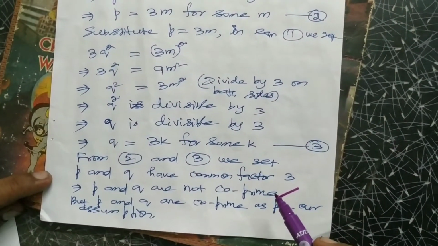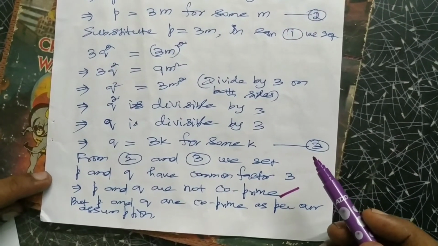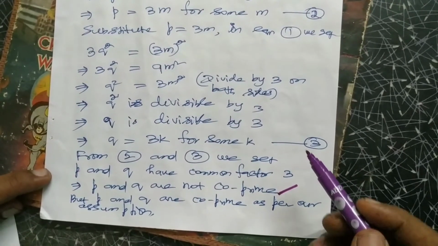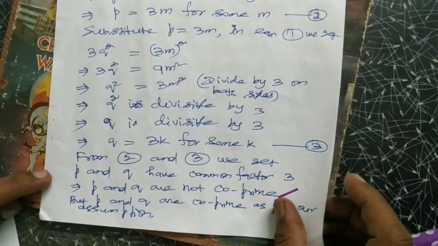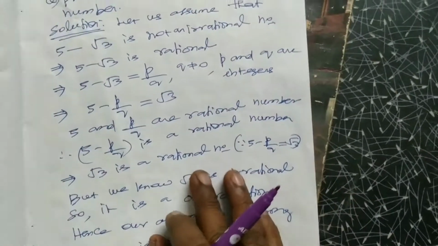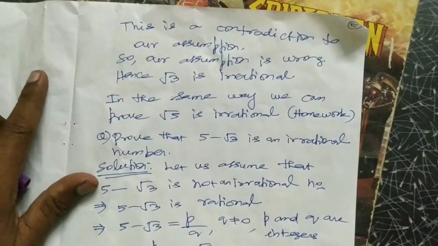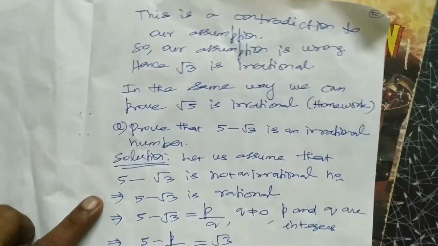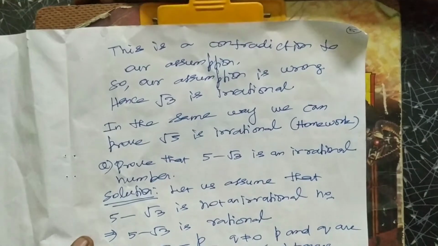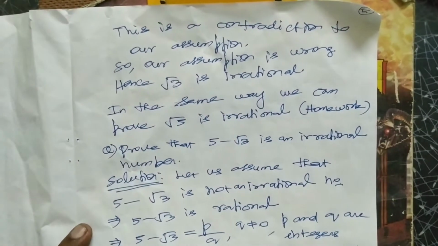But we assumed earlier that p and q are co-prime. Therefore, it contradicts our assumption. This is a contradiction to our assumption. So, our assumption is wrong. Hence, root 3 is irrational.